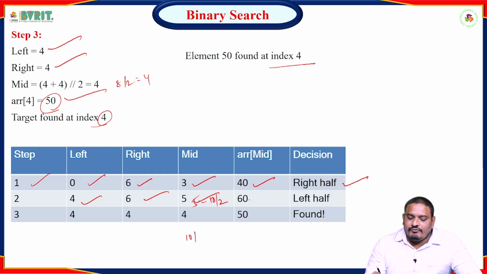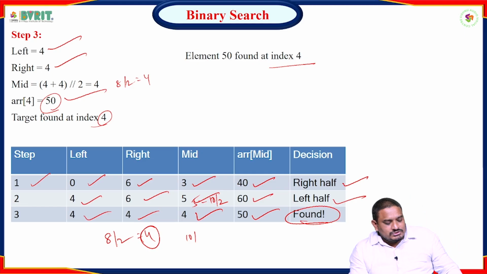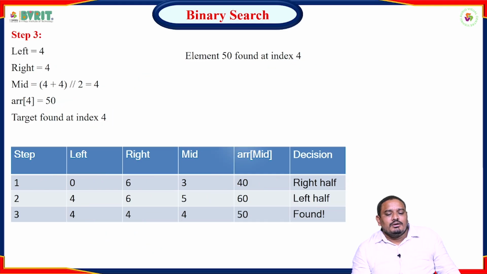The array of 5 element is 60, and the target is available in the left half. The third case, 4 plus 4, 8 by 2, that is 4. The mid position is 4, the array of 4 is the 50 element, and it matches our target. So like this, we search the target value. This is the binary search.